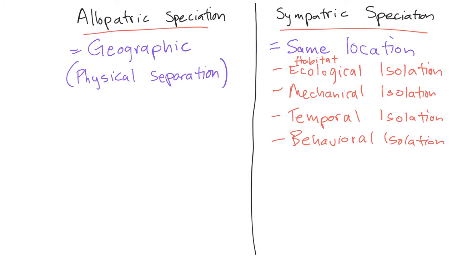Okay, anything else? I know there were some other ones that were not necessarily prezygotic. Okay, all right, so what process did we just talk about which produced gametic isolation? Polyploidy. Yeah, so polyploidy.